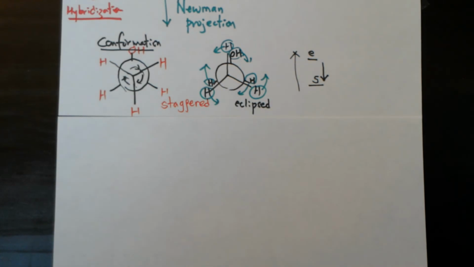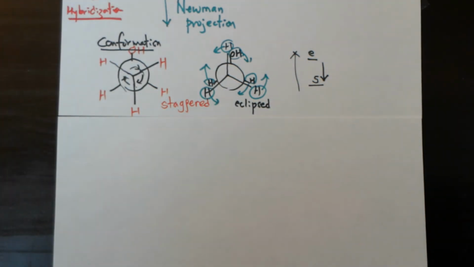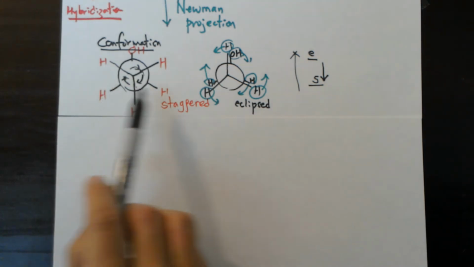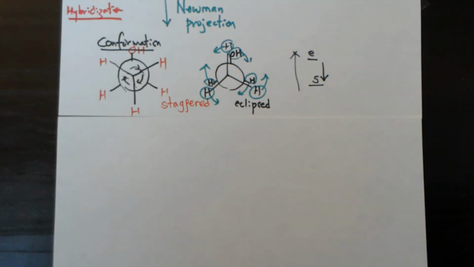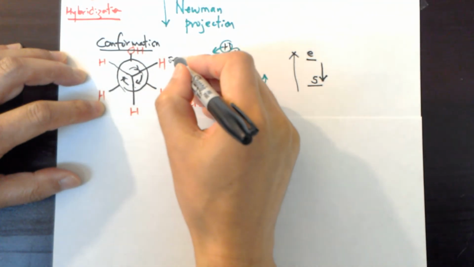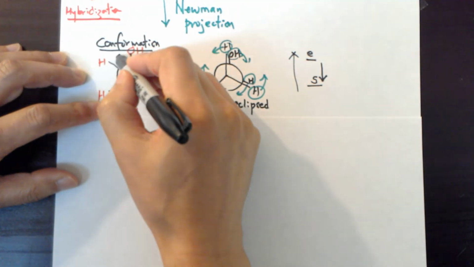Okay, so you have to keep practicing until you see the Newman projection. You can still see two carbons there, one in front, one behind, and OH. So you should be able to come up with the formula C2H6O.